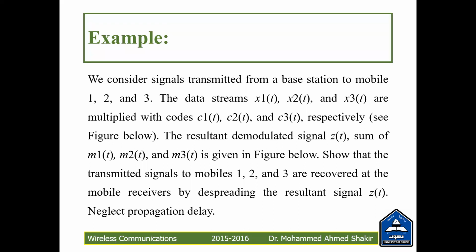We have 3 users, so we have 3 codes. Well, the resultant demodulated signal z of t, the sum of m1 of t, m2 of t, m3 of t, is given in the figure below. Show that the transmitted signals to mobiles 1, 2, and 3 are recovered at the mobile receiver by despreading the resultant signal z of t, neglecting propagation delay.